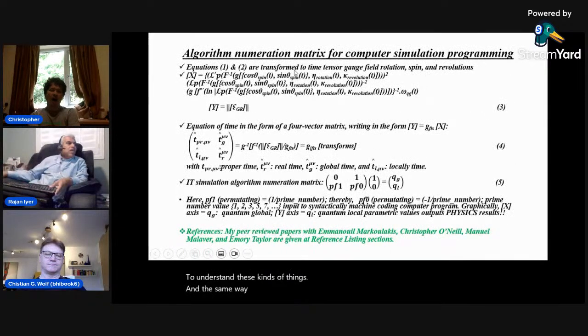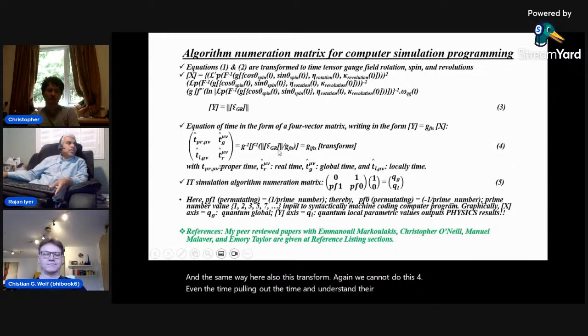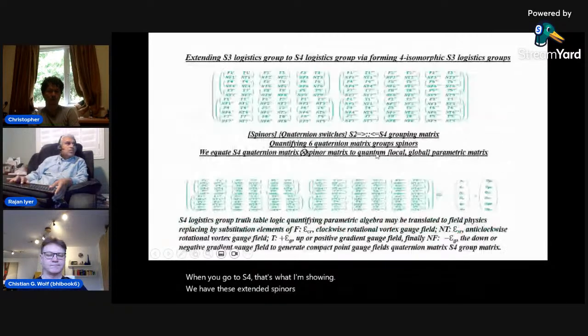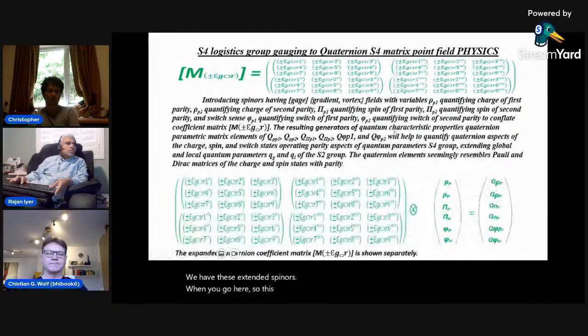And the same way here also, this transform, pulling out the time and understanding how the field gives time and space, we cannot do in S4. And even this calculation, when you go to S4, that's what I am showing. We have these extended spinors. When you go here, this is the essential result of that.